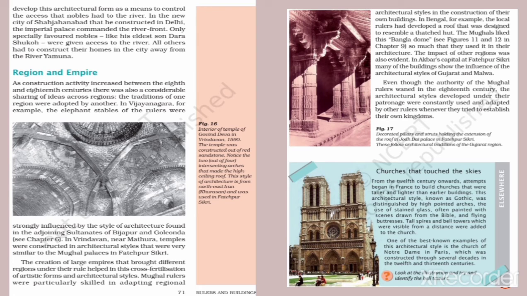The churches used this style with high pointed arches, stained glass, tall spires, and bell towers. Elephant stables at Vijayanagara were influenced by the architectural styles of Bijapur and Golconda. Fatehpur Sikri had buildings with the architectural style of Gujarat and Malwa. Okay, thank you.